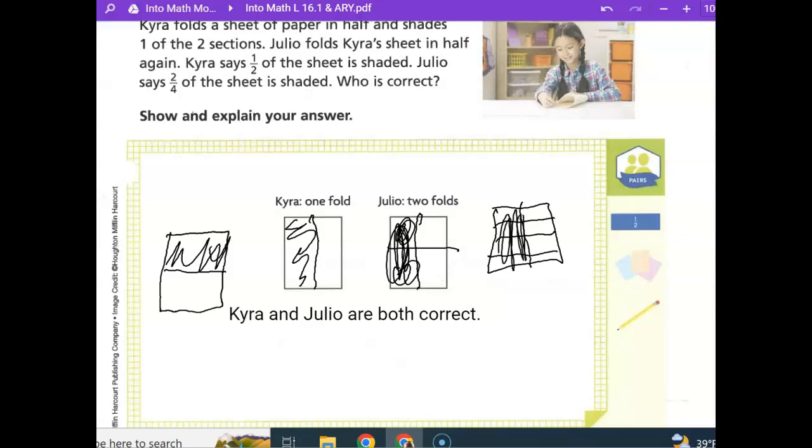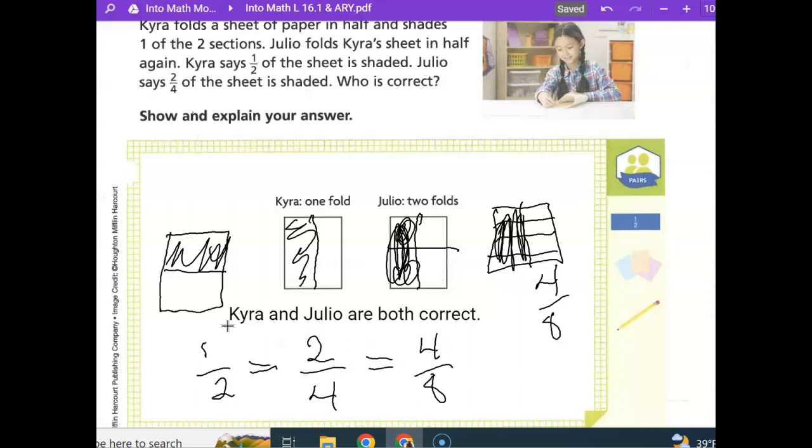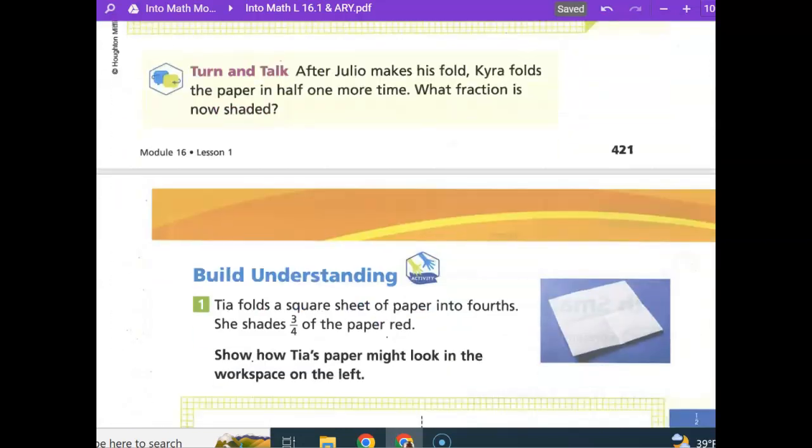We shaded half. How many eighths would be shaded? 4 eighths. So 1/2 is equal to 2/4 or 4 eighths. Those all stand for the same amount of shaded square.